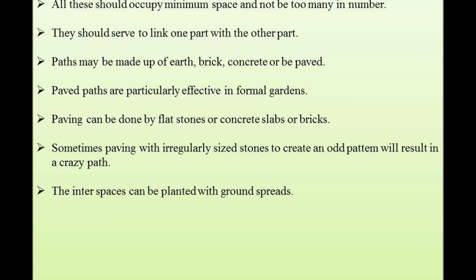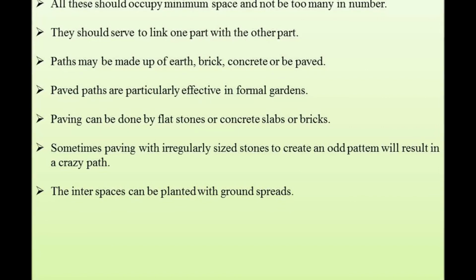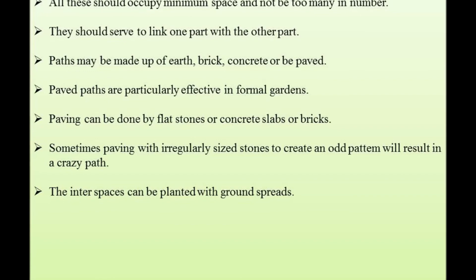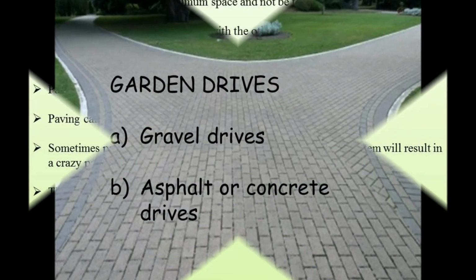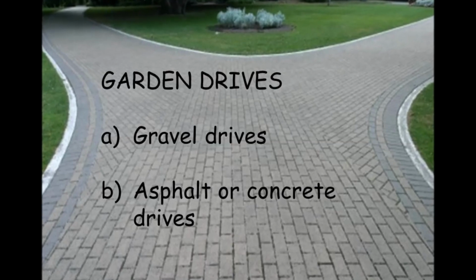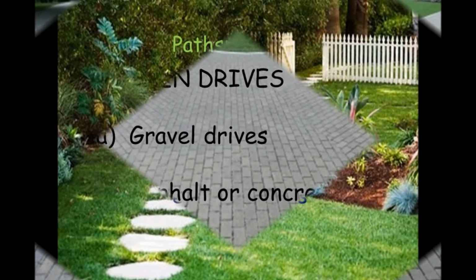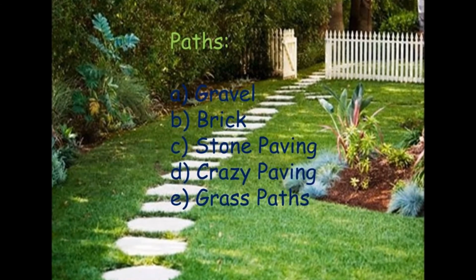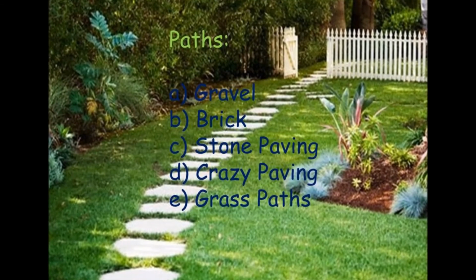It helps to enhance the beauty, and the interspaces can be planted with ground cover or ground grasses. So drives, roads, walks and paths are essential in a garden, should occupy minimum space and should link one part to another.